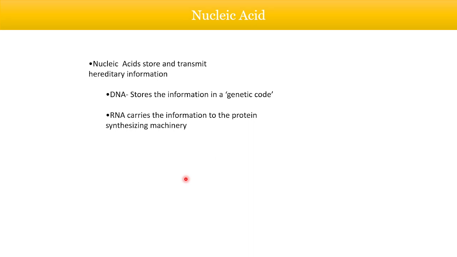So what does this RNA do? The messenger RNA is involved in carrying the information to the protein synthesizing machinery, the rRNA performs the functions, and your tRNA is important for transferring information in the form of proteins via your translation machinery.